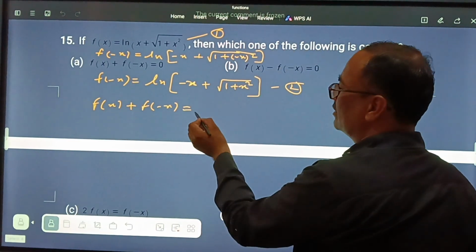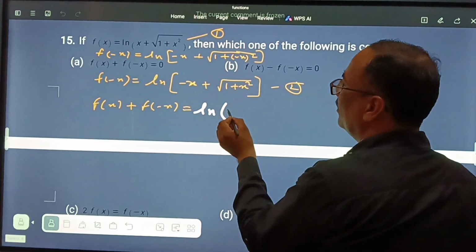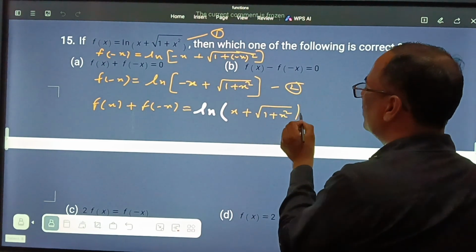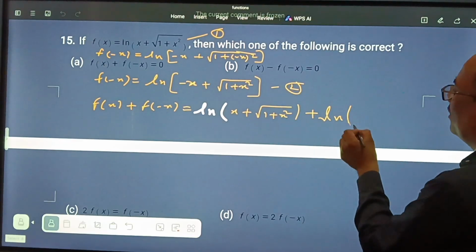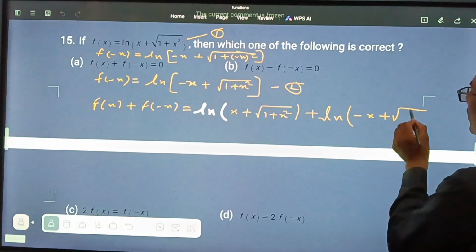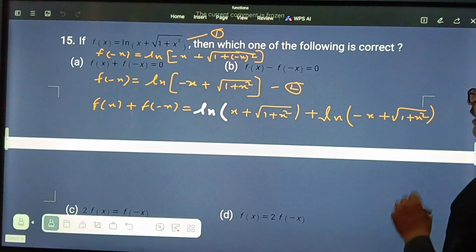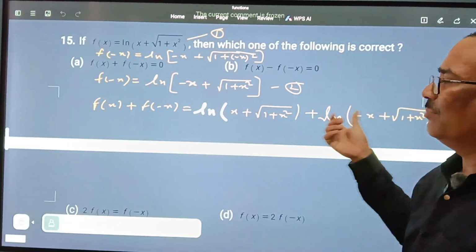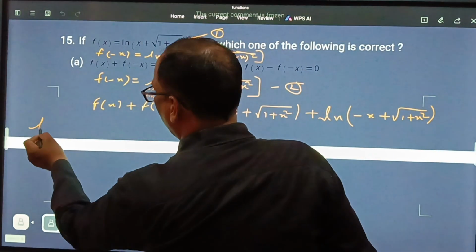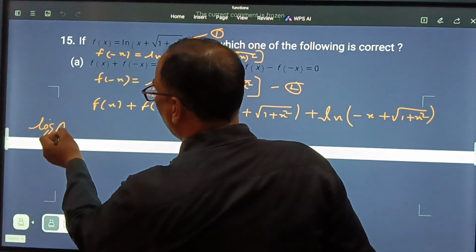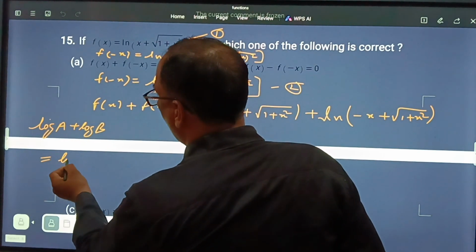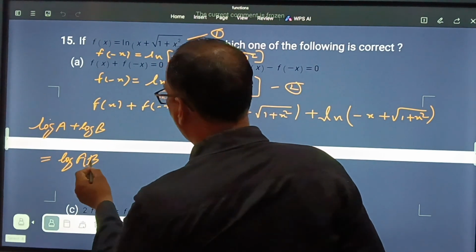Here it is clear, this is equal to ln of x plus root 1 plus x square, and this is ln of minus x plus root 1 plus x square, and we know very well this is log a plus log b. Operating this formula, log a plus log b is equal to log ab. What we get?